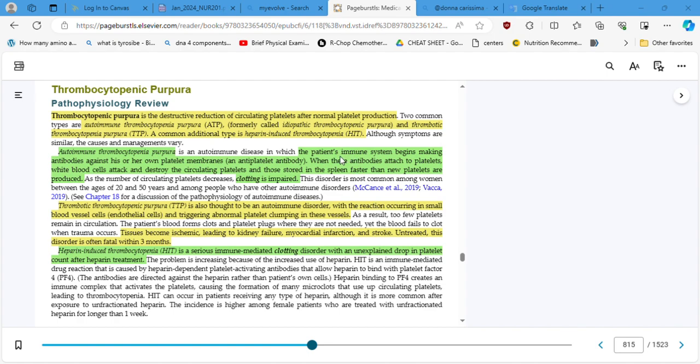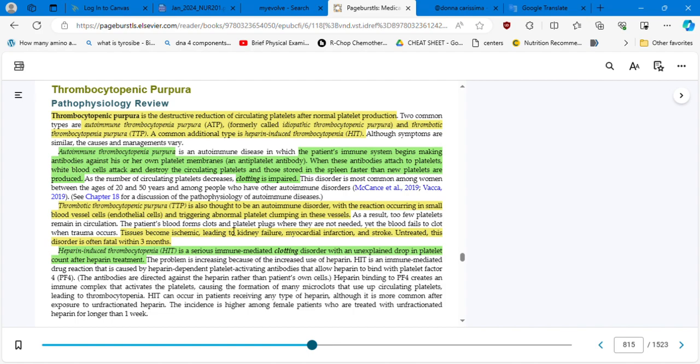They are also mentioning the ecchymosis, purpura, anemia, and the treatments. So we are going to get deep into thrombocytopenic purpura, which is a destructive reduction of circulating platelets after normal platelet production. So this is going to destroy the normal platelets.